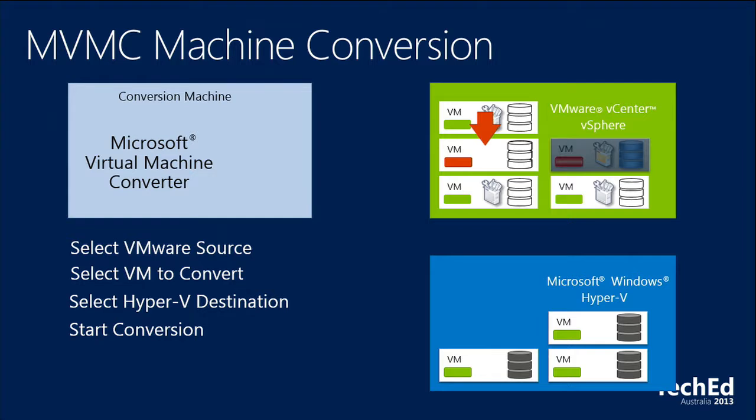And then over the network it copies the VMDK hard disks onto the MVMC machine. From there, it runs a process where it duplicates while converting the format of that hard drive from VMDK to VHD.